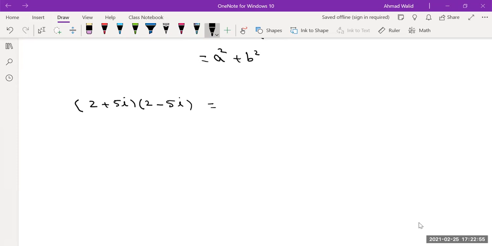But the easy way, what I do, I'll square this number. What is the square of 2? The square of 2 is 4. I always keep the sign in between positive. And I'll just square the second number. What is 5 squared? 25. And if you add these two, it gives you 29.